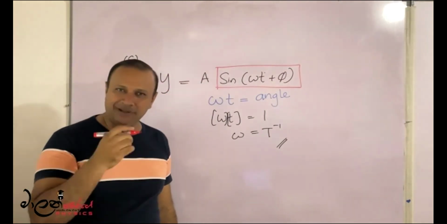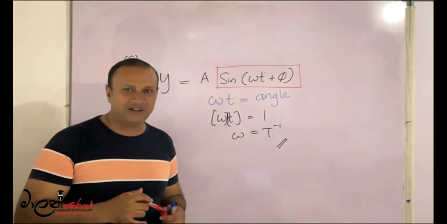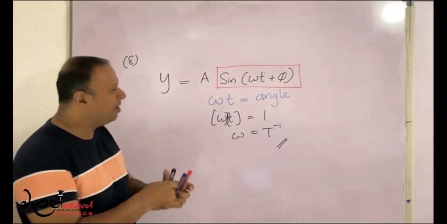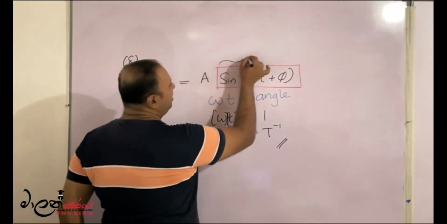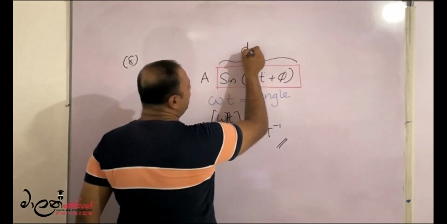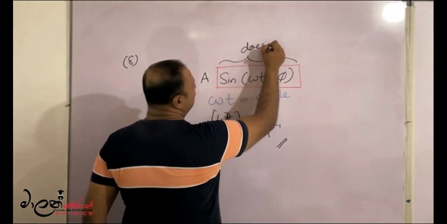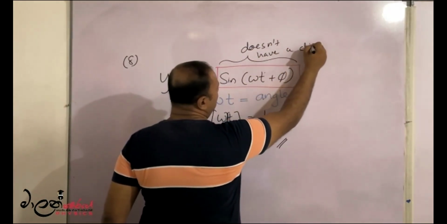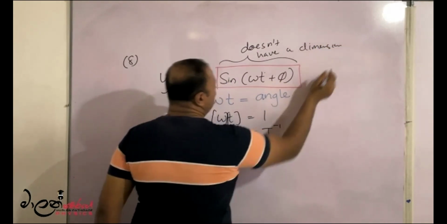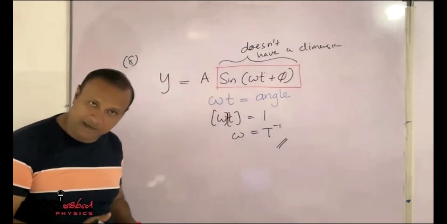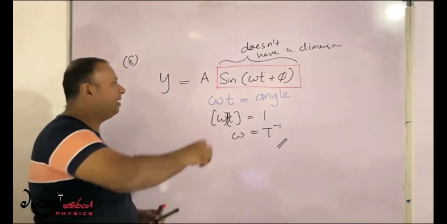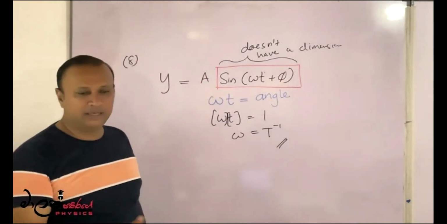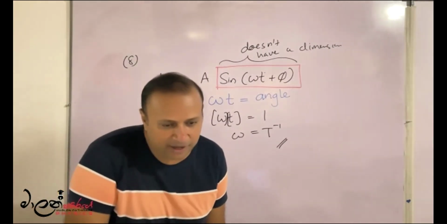You know that thing. The trigonometric ratios do not have dimension. Therefore, this part doesn't have a dimension. As this part doesn't have a dimension, definitely the dimension of y is equal to the dimension of A.